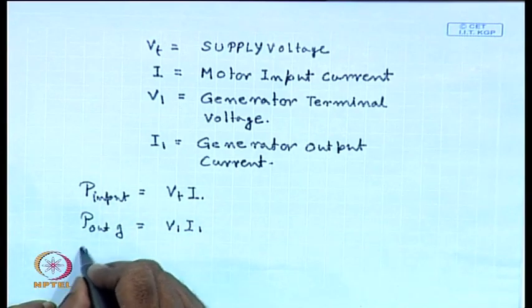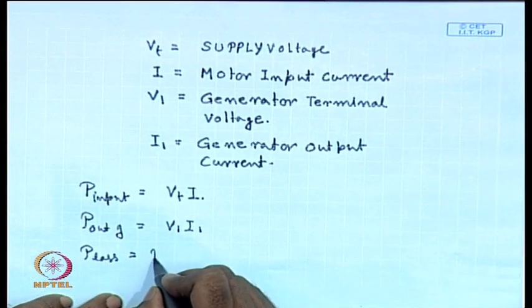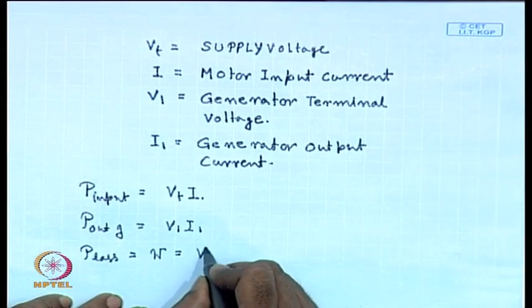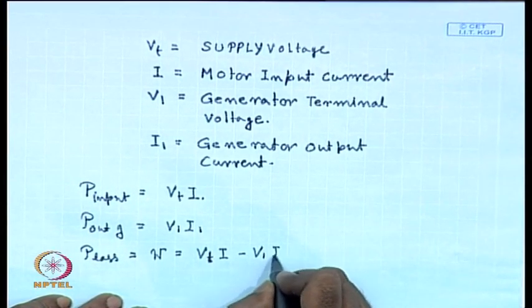So, total loss W is V T I minus V 1 I 1.